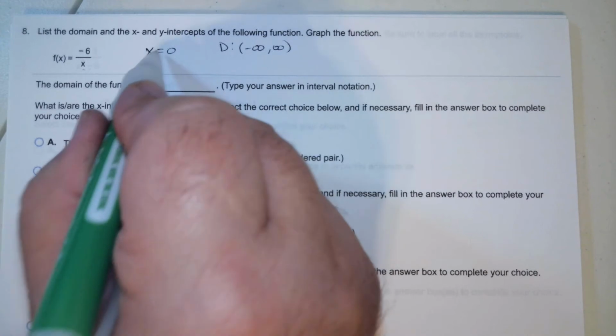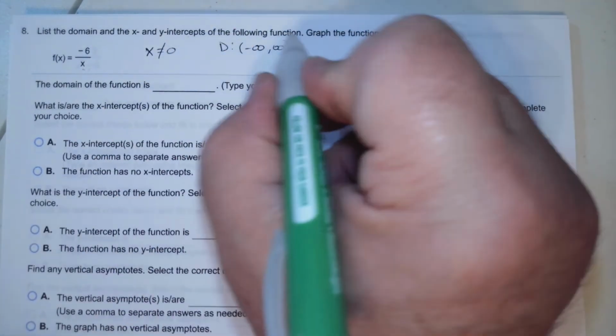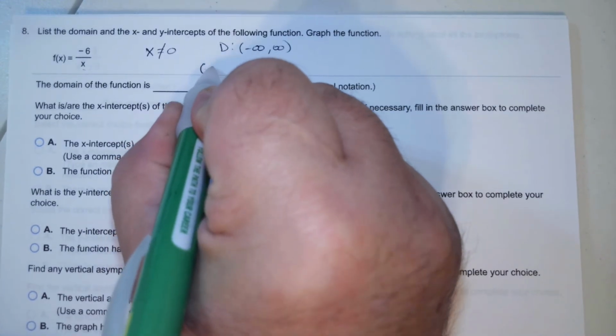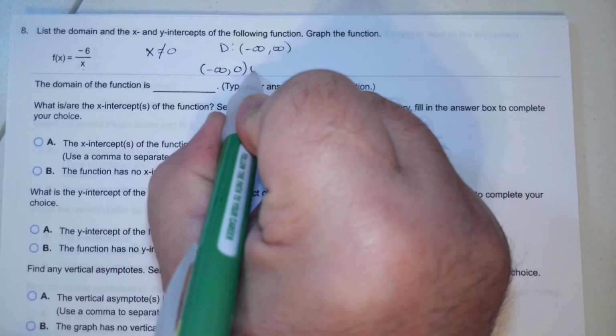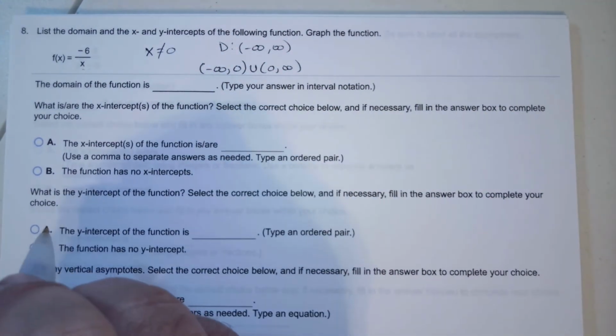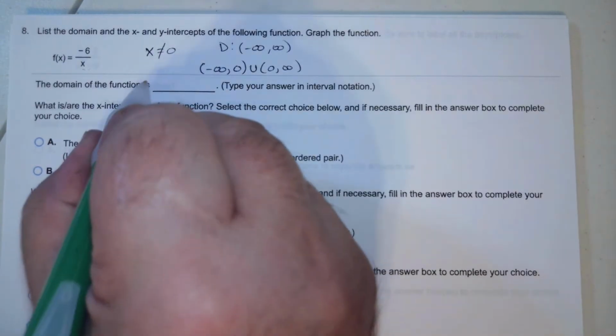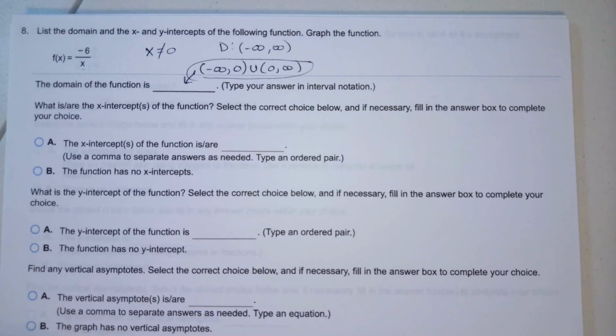That makes the bottom 0, and we cannot have that. So my domain is from negative infinity to 0, because I can't use 0, and then from 0 to positive infinity. So that's your answer for that first question.